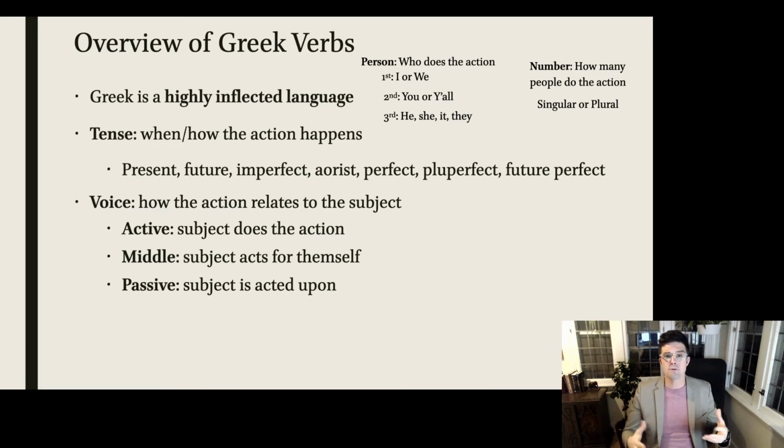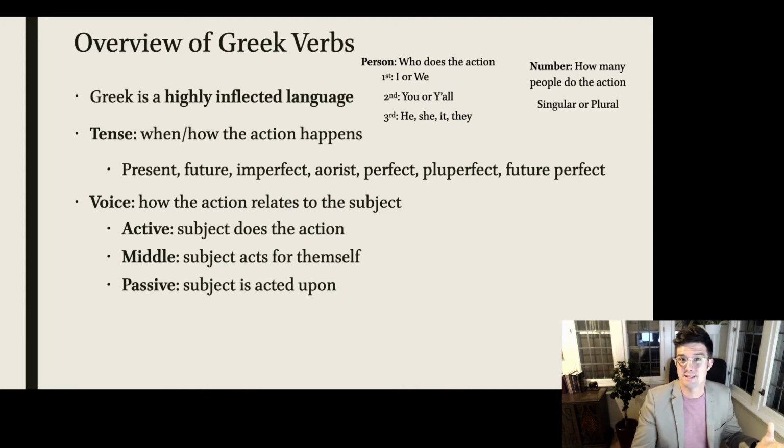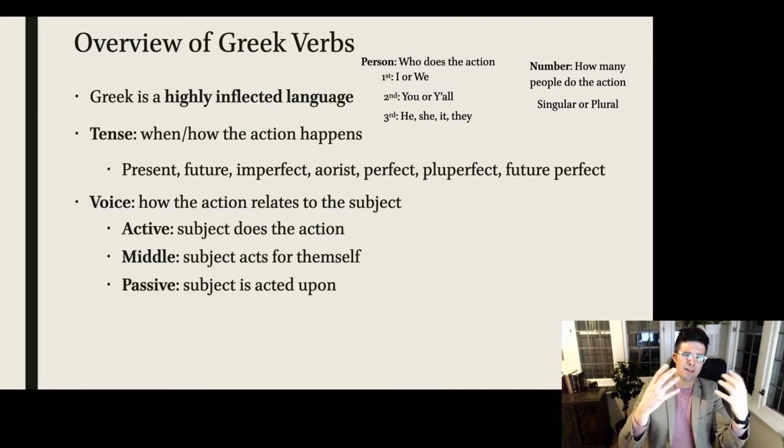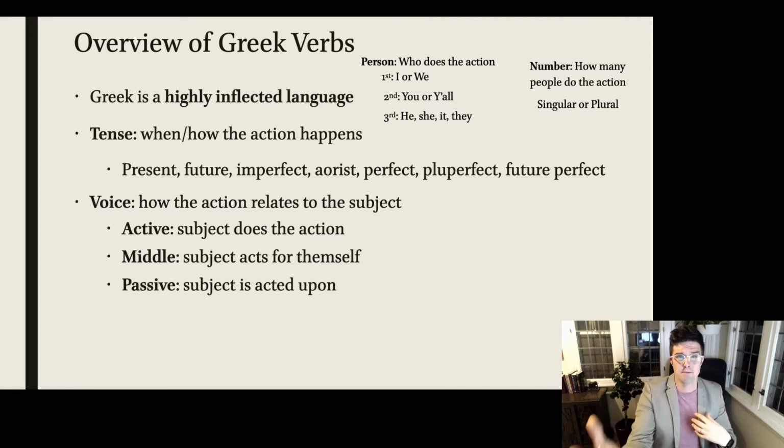A middle verb is when a subject acts for themselves in some way. So something like Aaron Rodgers hurls himself. That hurls himself in Greek would be in the middle voice, which would have a different form from the active voice because the subject, Aaron Rodgers, is acting on themselves in some way.